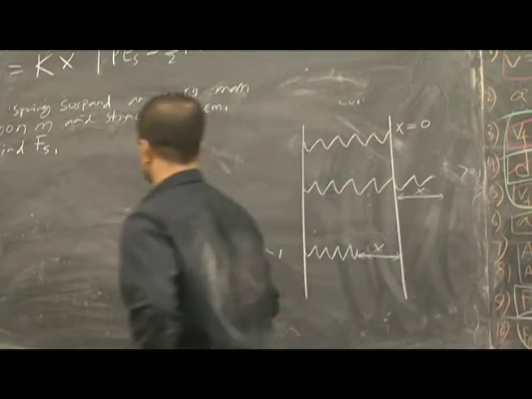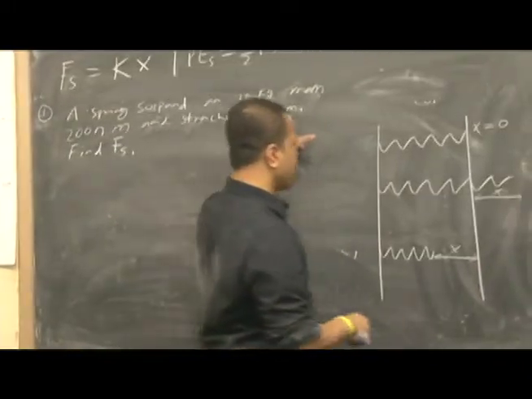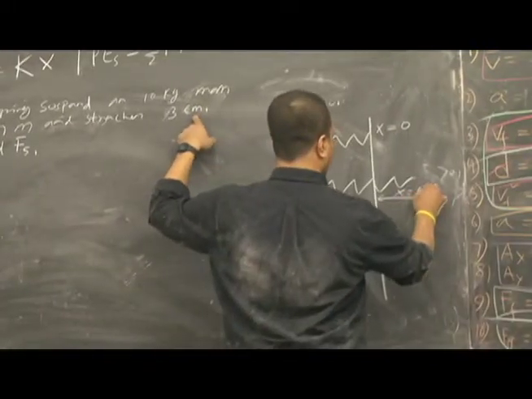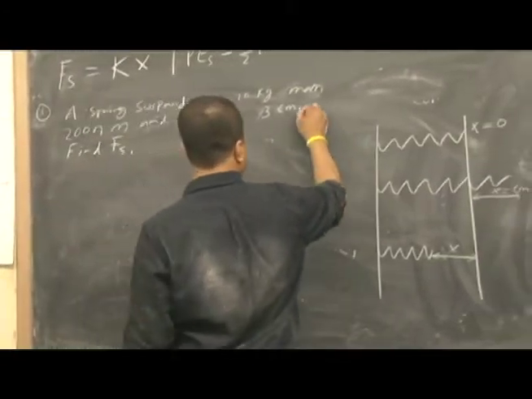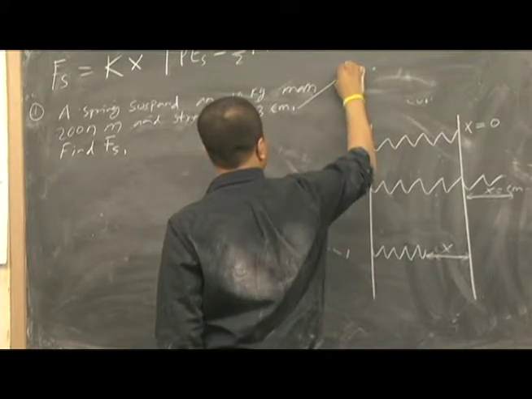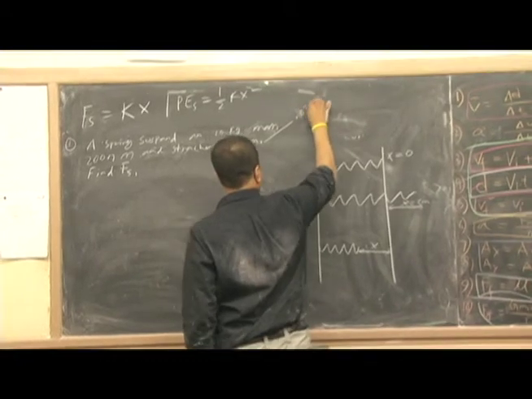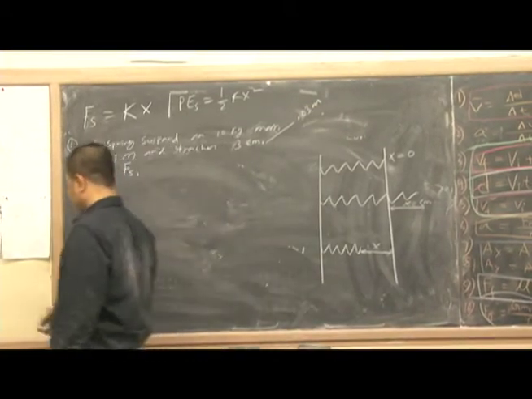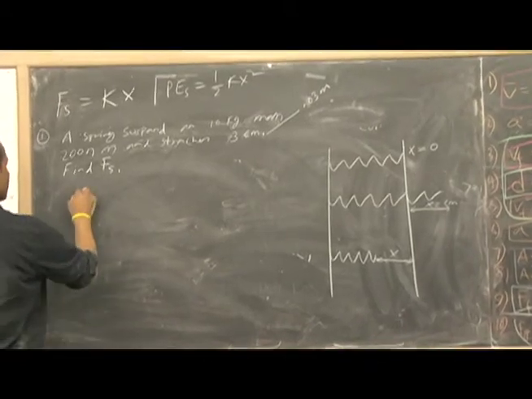In this case, it is stretched 3 centimeters. So how many meters is 3 centimeters? 0.3. Well, I guess 0.03 meter. Okay. So let's solve it.